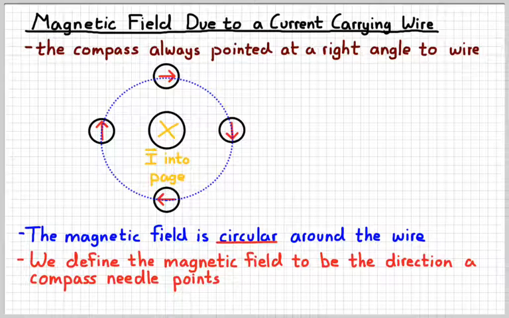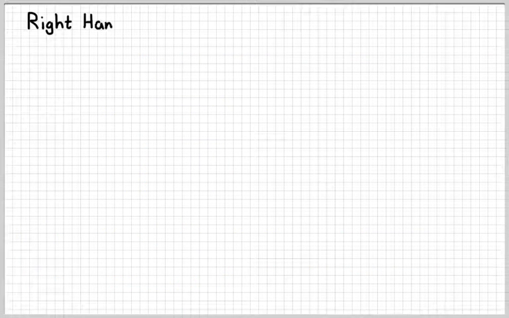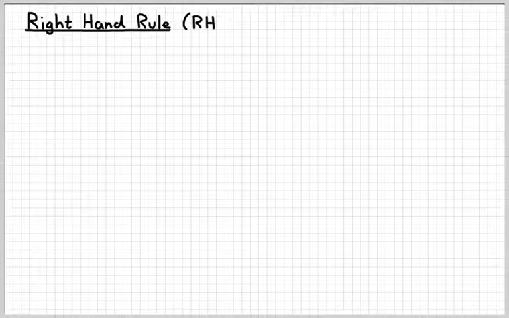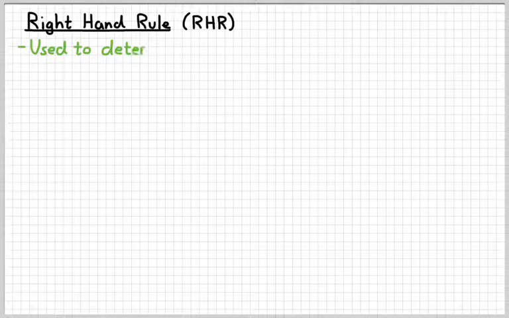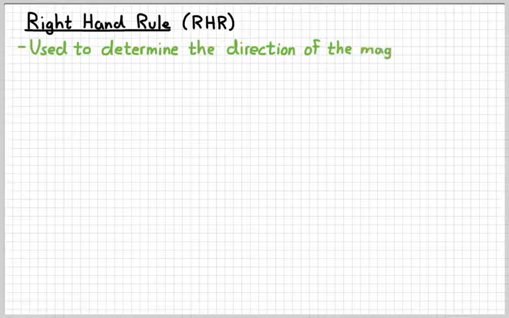In order to determine which way the magnetic field would go, we use a real simple rule called the right-hand rule, which you can abbreviate RHR for short. If we have a wire, this is how we would determine the direction of the magnetic field around the wire. The way that it works is pretty simple.